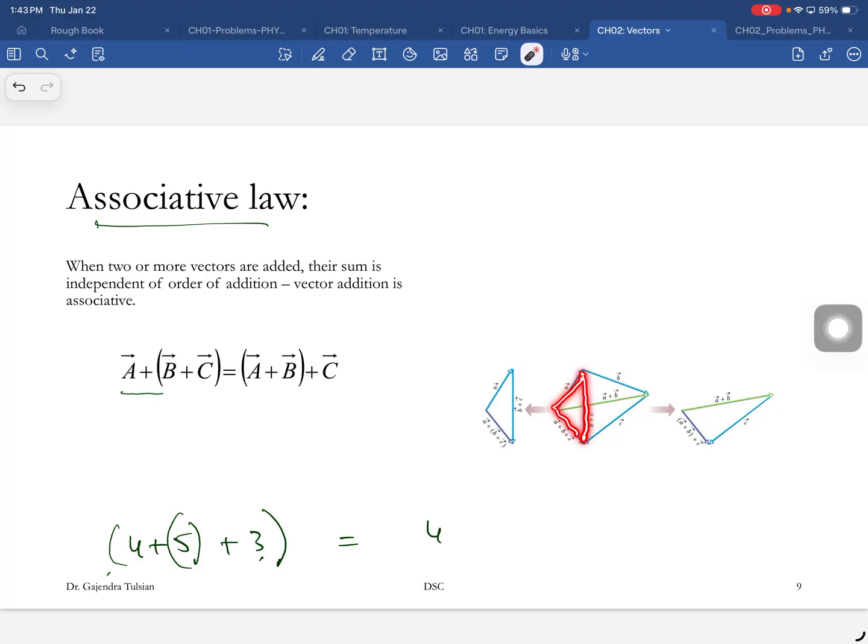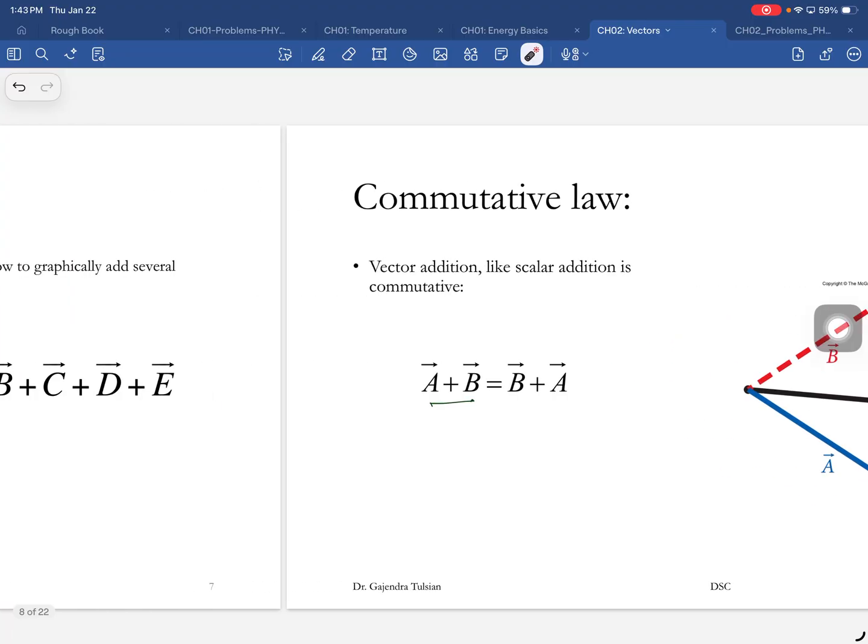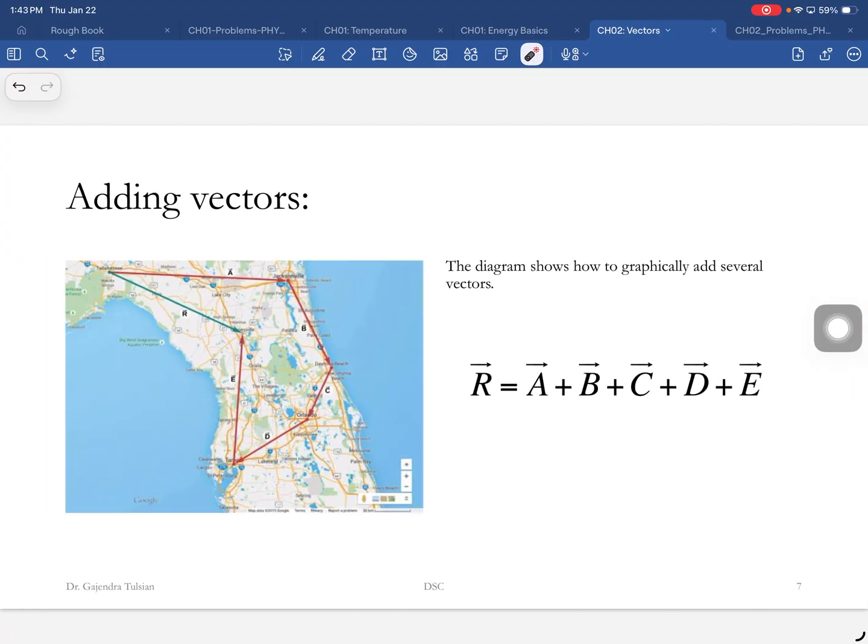So in this coordinate system, we'll define these 3 special unit vectors. So i, j, k are special unit vectors.